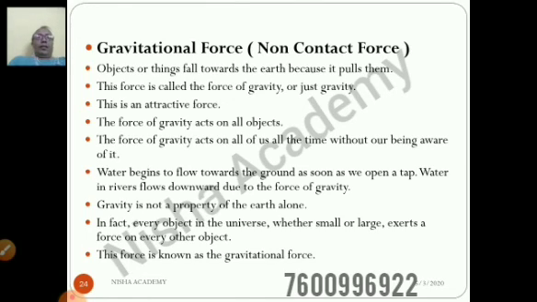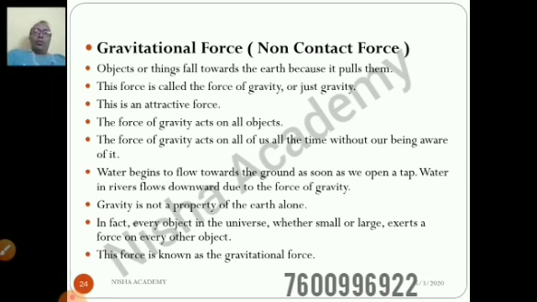In fact, it is not only the property of the earth; every object in the universe, whether small or large, exerts a force on other objects, and this is known as gravitational force. This is also a type of non-contact force.